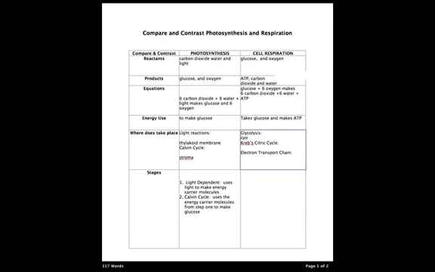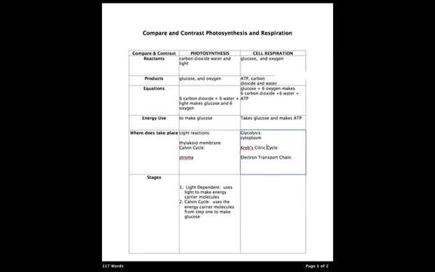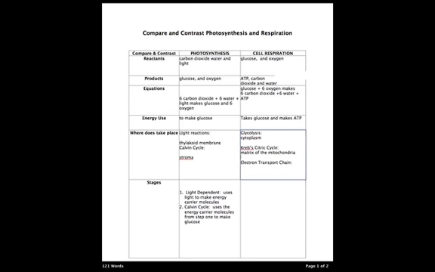Well, glycolysis takes place in the cytoplasm of the cell. The Krebs cycle takes place in the matrix of the mitochondria. And the electron transport chain takes place in the mitochondria, which is more of the folds of the mitochondria is where that takes place.